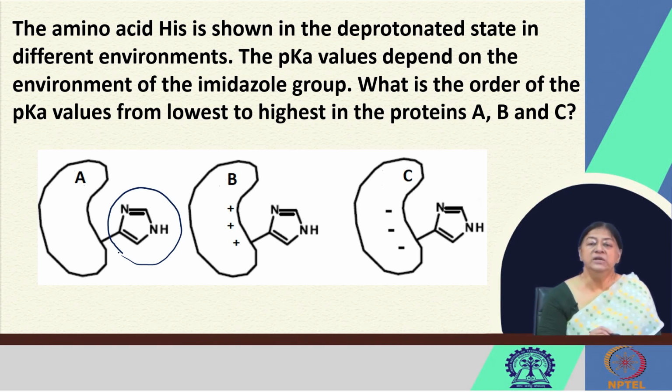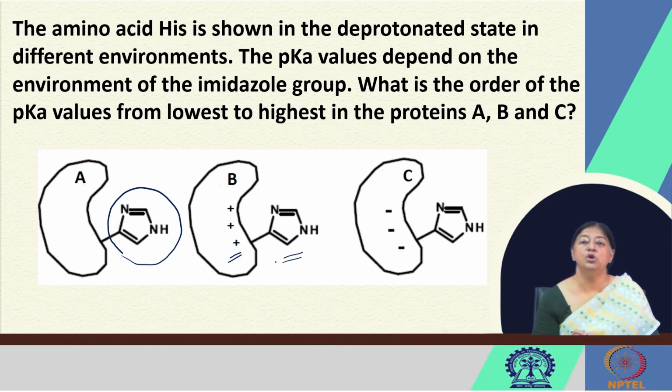The point is that if we have a positive environment, then it is unlikely that the imidazole group is going to hold on to its proton, because we already have a positive environment there. So, an additional proton is not required.